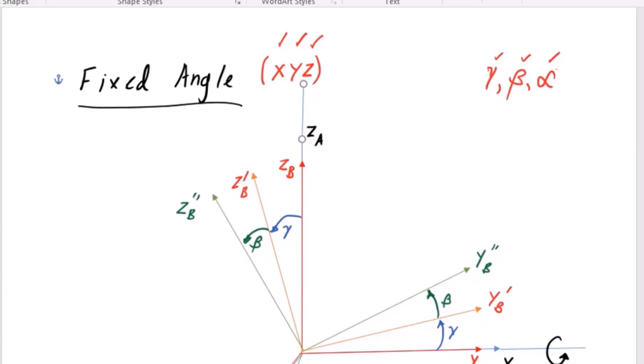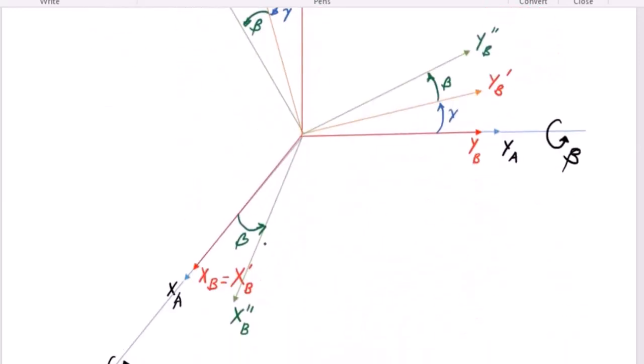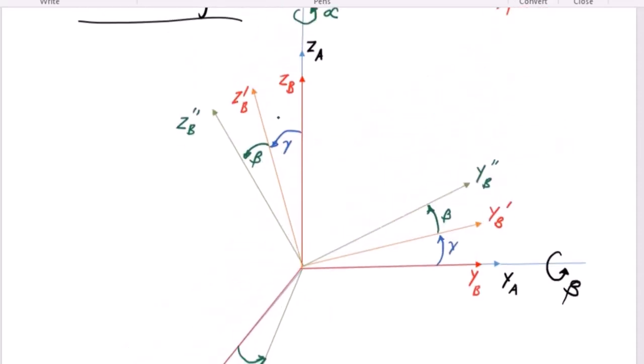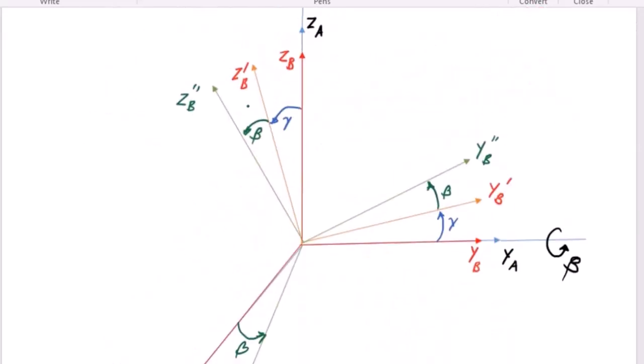This is the fix, the difference between Euler and the fix. This is now alpha. We rotate the ZA. So all the three angles, the current was green. You notice same axis, the reference frame.